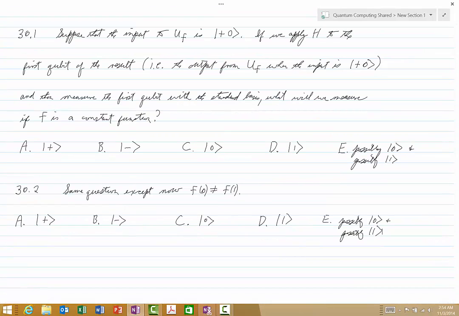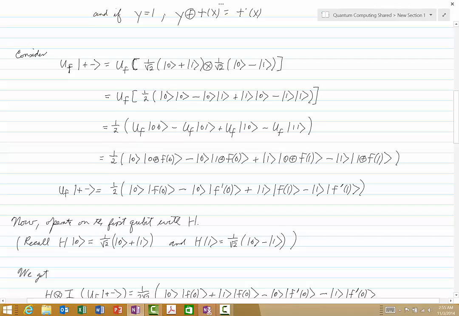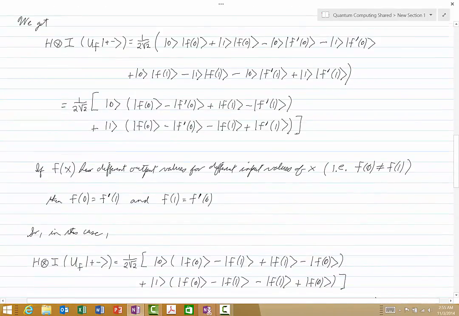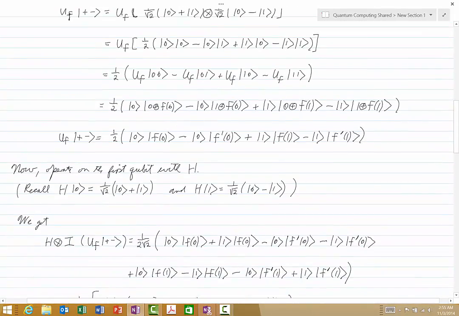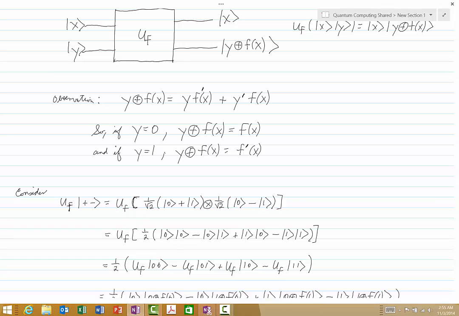What we have here is an input to this unitary transformation, U_f. And U_f is just like we had in the lecture up here. The only difference now is that in our lecture, as you can see right here, the input that we considered to U_f is the 2-qubit state plus minus.